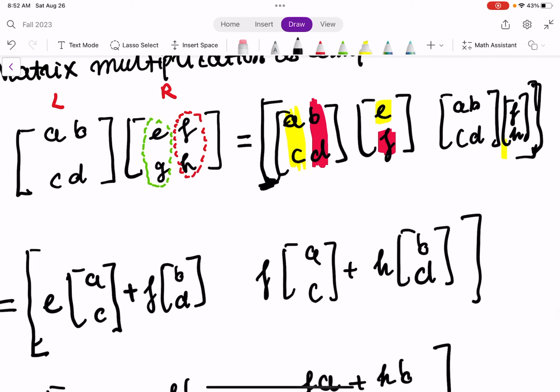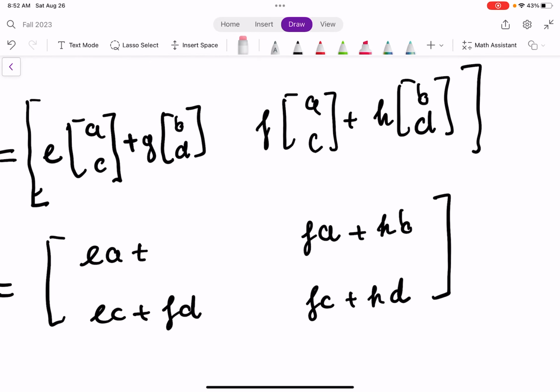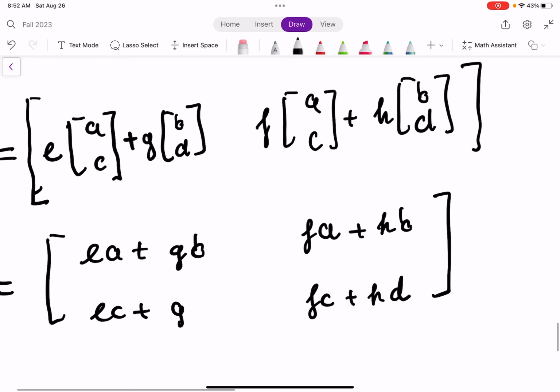My apologies, guys. This should be a G right here. Let me change this. That's why it looked kind of weird. Now I know this should be a G, and then you get GB here and GD here.